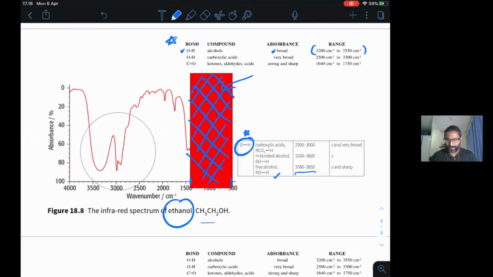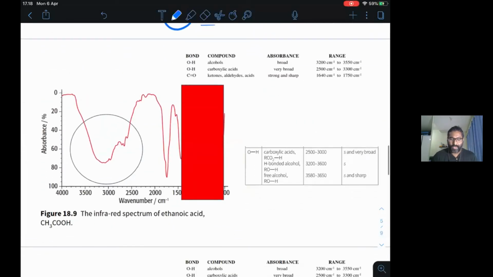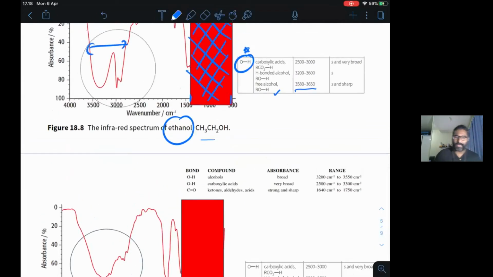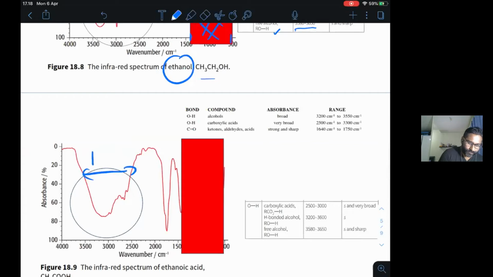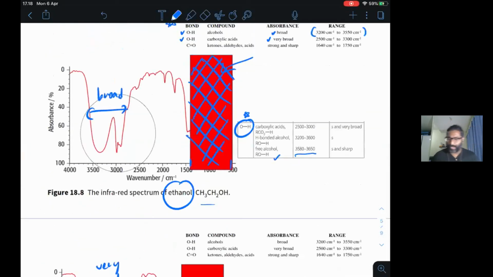You can memorize this. For carboxylic acid, the absorption is going to be very broad. Later I'll show you this example of carboxylic acid. You can see the difference: this one is broad, and this one is very broad.